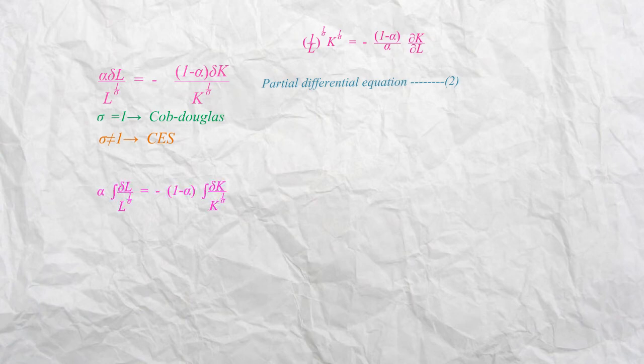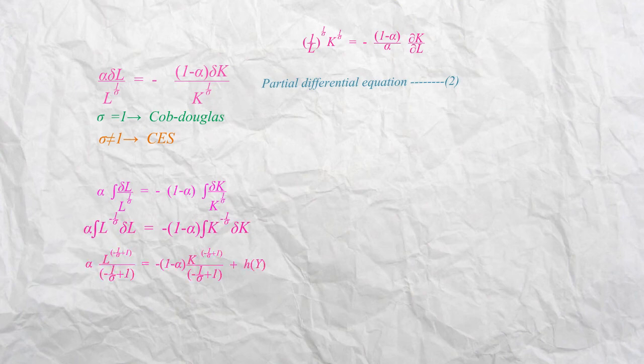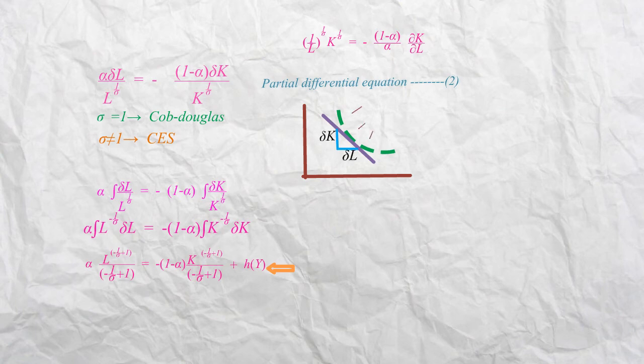Rearranging and taking the integral on both sides, we get this result. What is the h of y here? Well, since we are dealing with a partial differential equation, the arbitrary constant of integration may involve any function of the variable or variable held constant. Remember, we determined negative of del K over del L along the same isoquant, in other words, with output held constant.